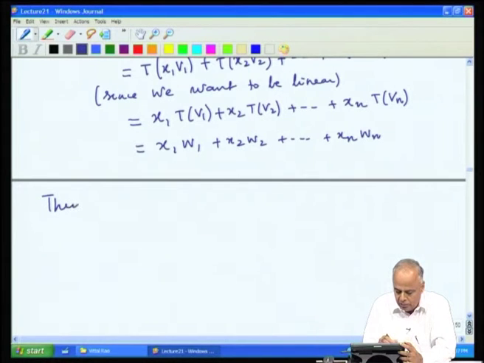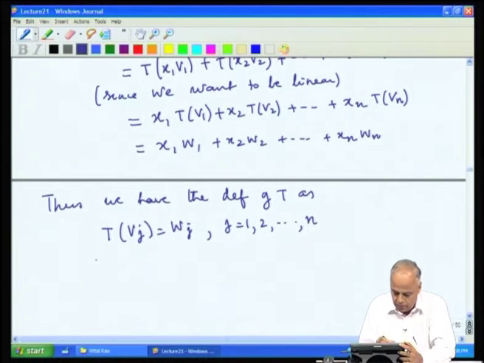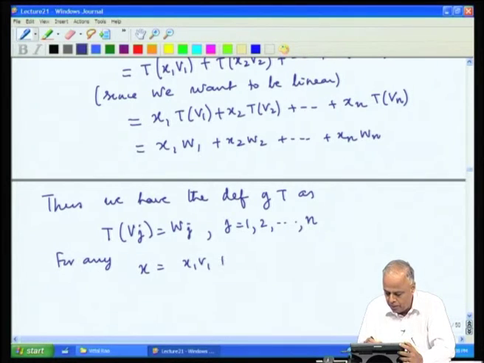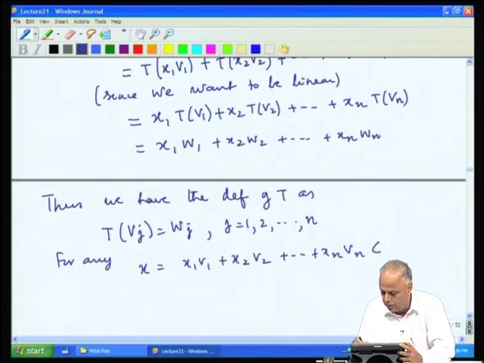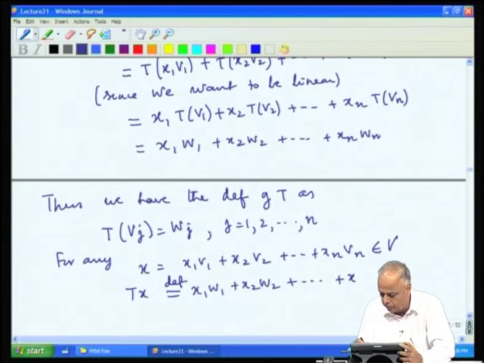So, thus we have the definition of T as T(v_j) is w_j for j equal to 1, 2, ..., n, and for any x equal to x_1 v_1 plus x_2 v_2 plus x_n v_n belonging to V, T(x) is by definition x_1 w_1 plus x_2 w_2 plus x_n w_n.